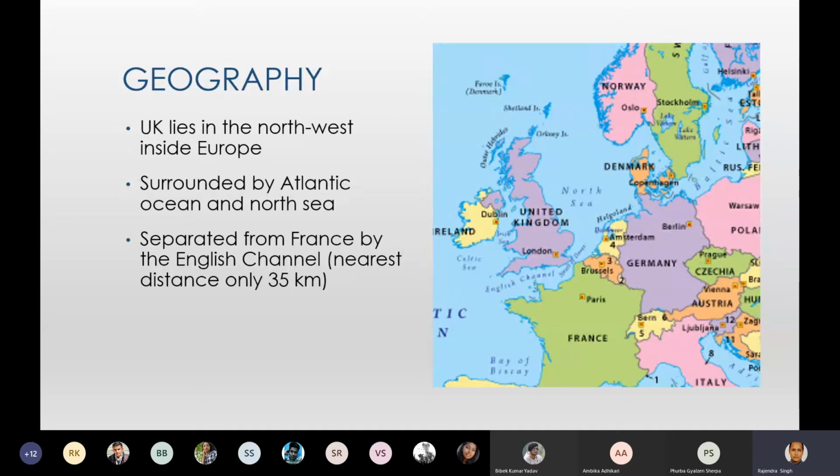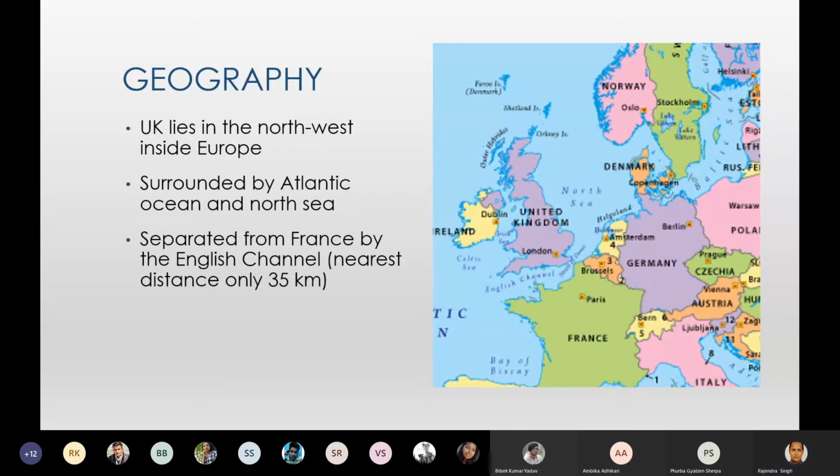Great Britain would lie towards the east of the Republic of Ireland. The closest country to Great Britain would be France. It is separated by the English Channel, and the nearest separation is only 35 kilometers, between Great Britain and France.